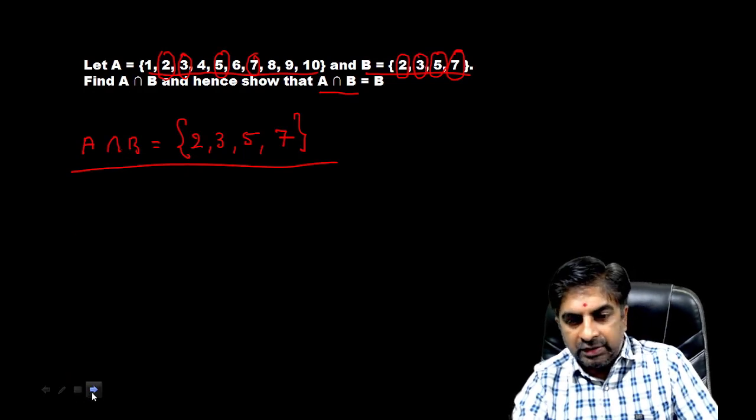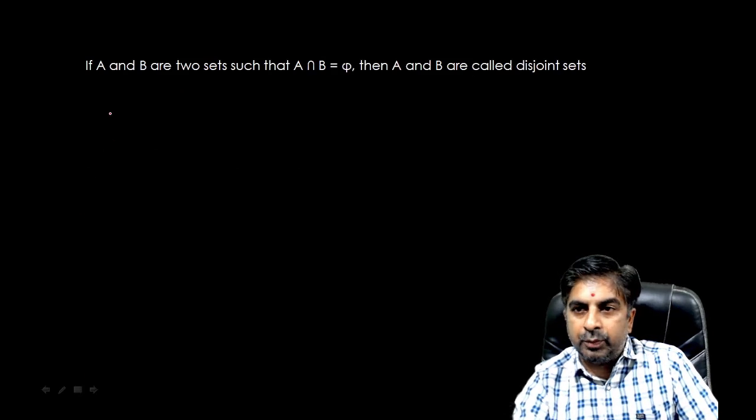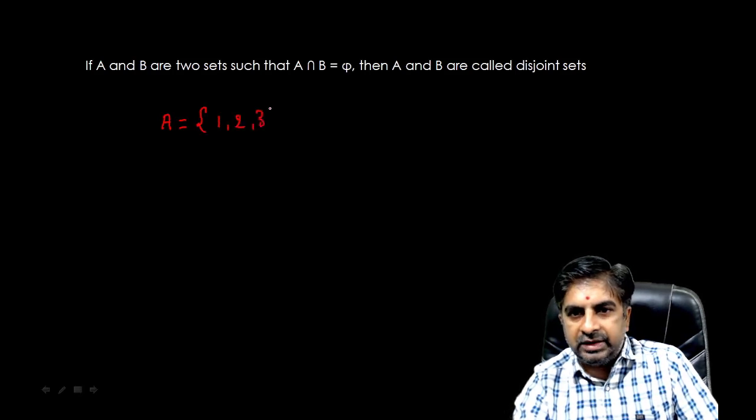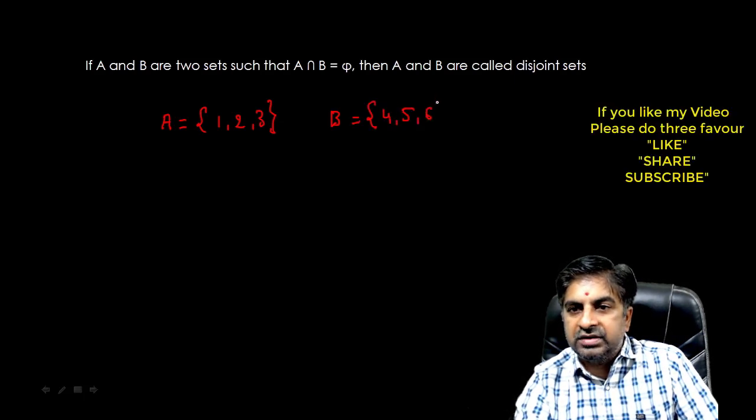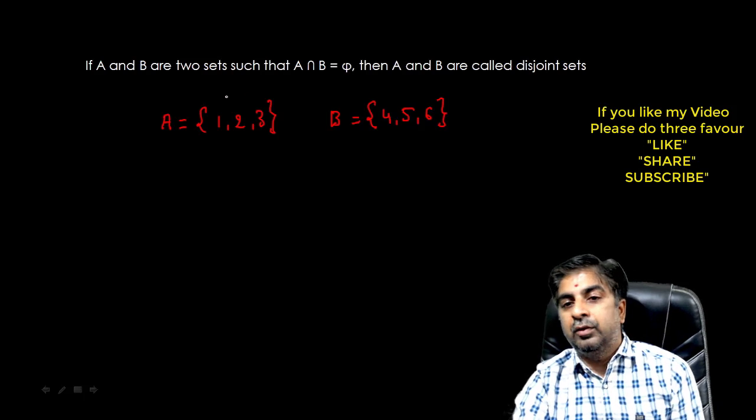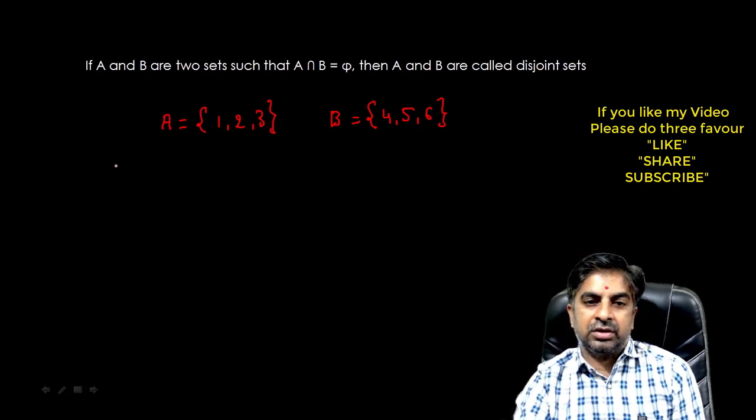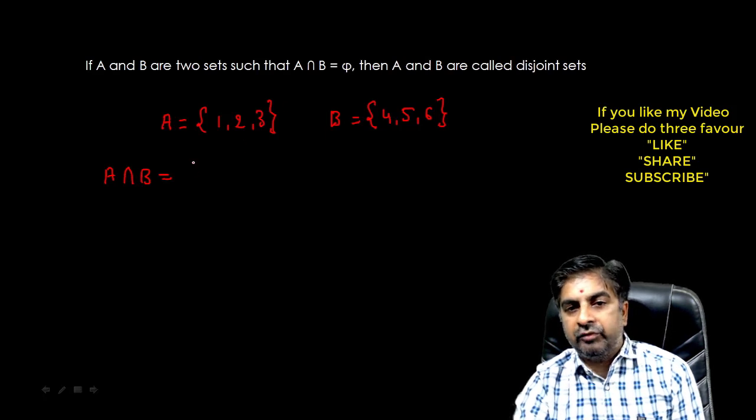Okay guys, now moving towards some of the properties. One more thing they have given here, that is disjoint sets. Suppose you have a set A with elements 1, 2, 3, and a set B with elements 4, 5, 6, and I ask you to find A intersection B. What will be the answer?